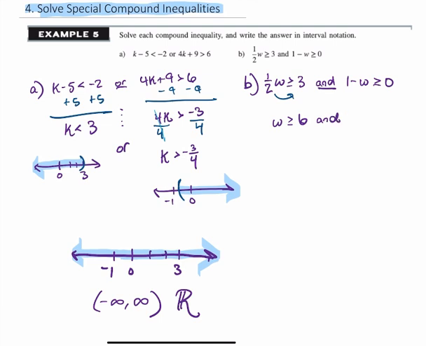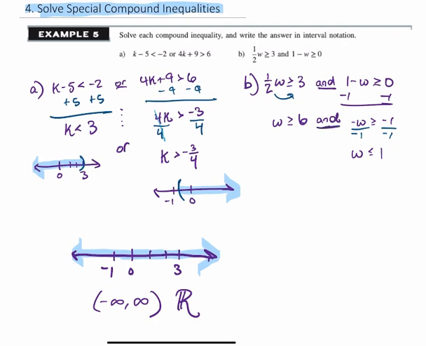And on the right side, let's subtract the 1. So we get negative W is greater than or equal to negative 1. And then when we divide by negative 1, we'll flip the inequality. So W is less than or equal to positive 1.